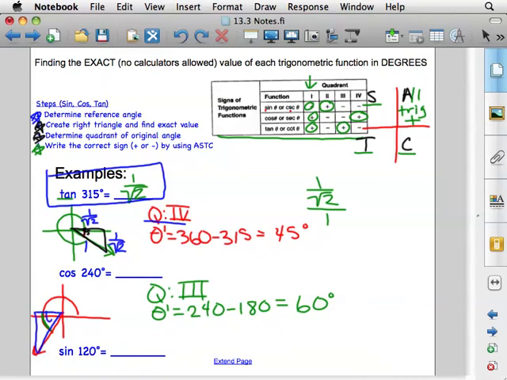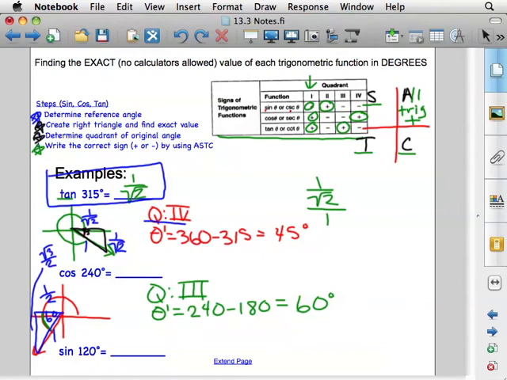So we can draw our right triangle, and this time our angle is 60 degrees. We know our hypotenuse is always 1. If our hypotenuse in a 30-60-90 is 1, our short side is half of that, and our long side would be 1/2 times radical 3, which is radical 3 over 2.